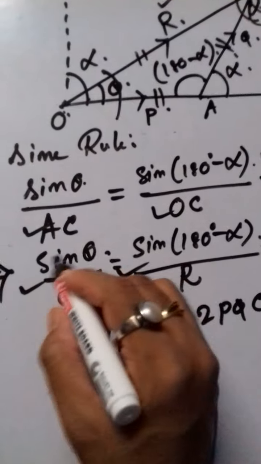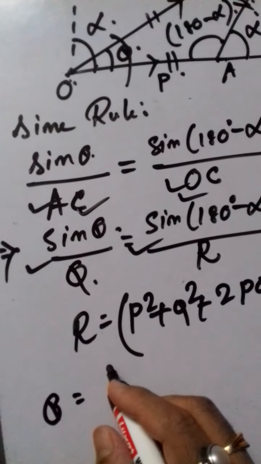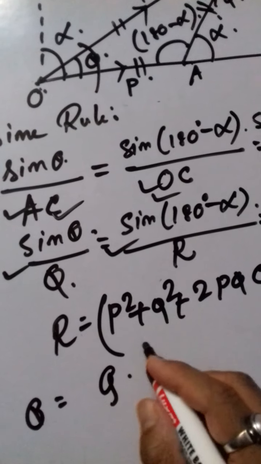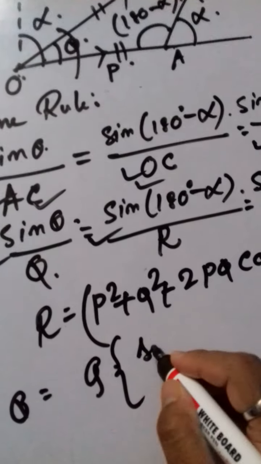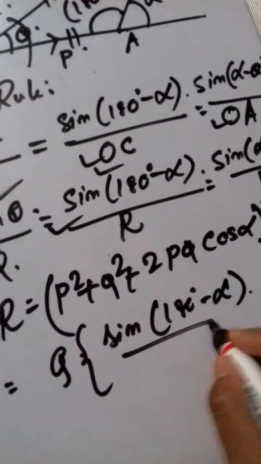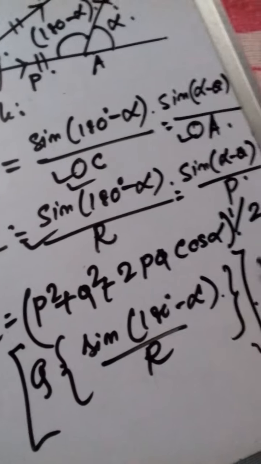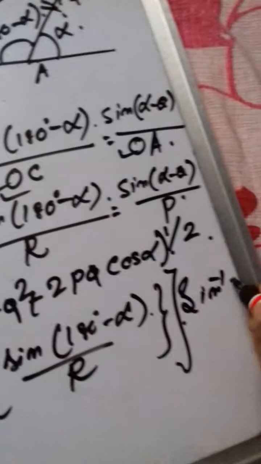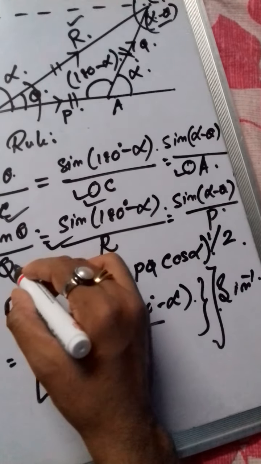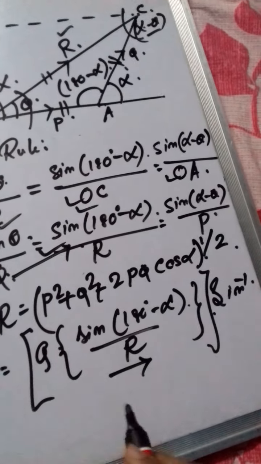If you just take the first two expressions, theta will be equal to sine inverse of Q into sine of 180 minus alpha divided by R. Q can be cross multiplied over here. So this is the way you can find out theta.